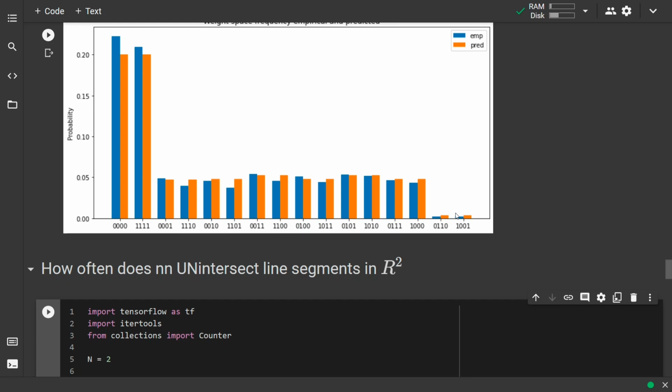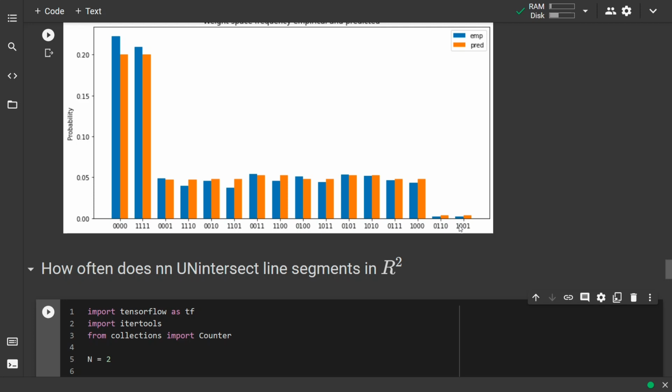But then, even if you unintersect the lines, the output unit has to fit its decision boundary in between the two unintersected line segments. So that gives a high level intuition as to why these functions are so hard, or so rare in the weight space.